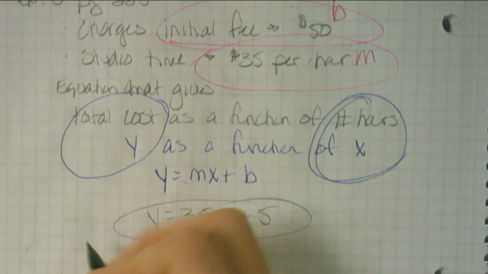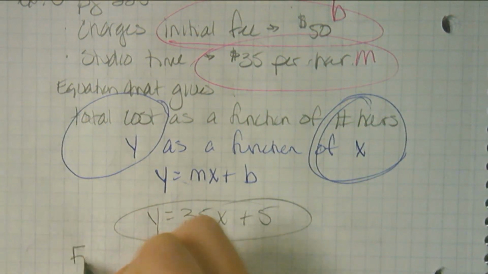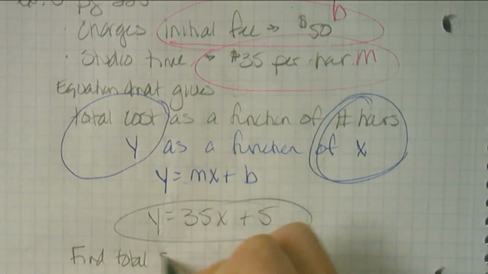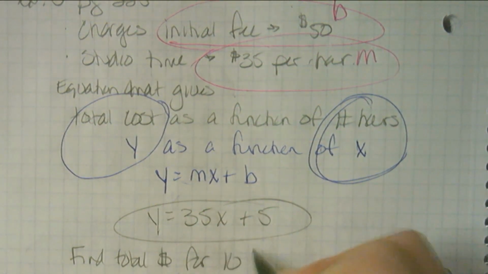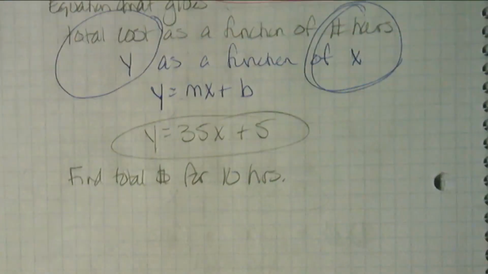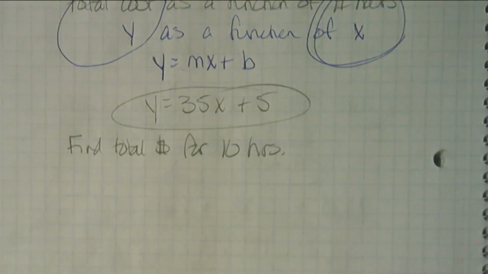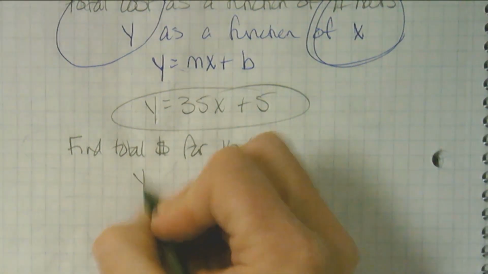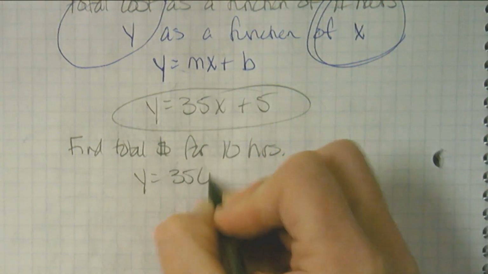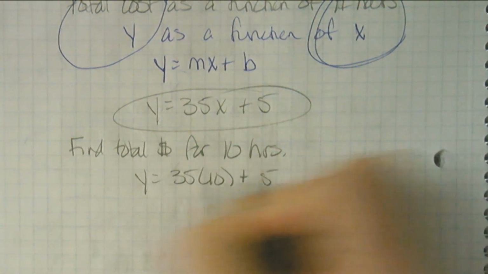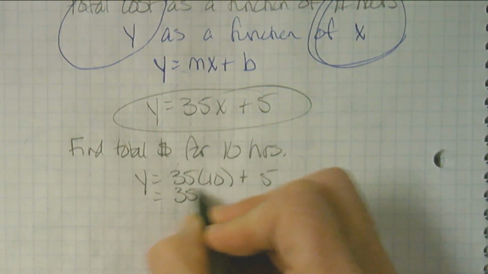So now we want to know the total cost. We want to find total cost for 10 hours. Ashley, what do I do with that? How do I find the total cost for 10 hours? Excellent. All right, so I have 350 plus 5.